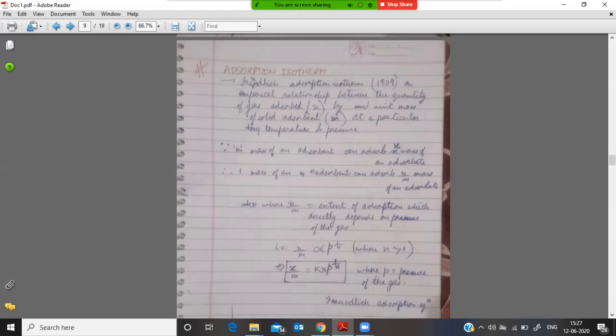I mean to say, when we enclose a given gas in a vessel containing pieces of charcoal, we see that after a certain interval of time the pressure inside decreases. It happens only because of adsorption of the gas by the charcoal pieces.